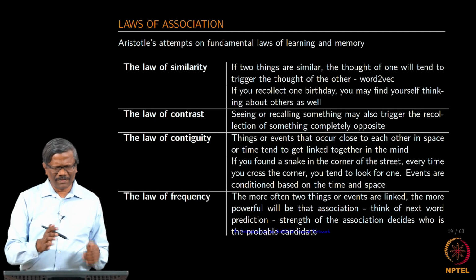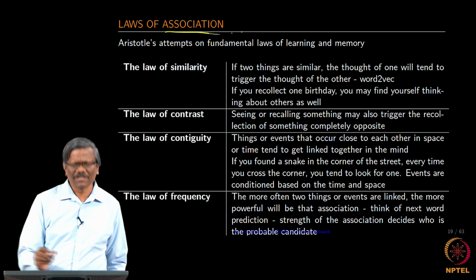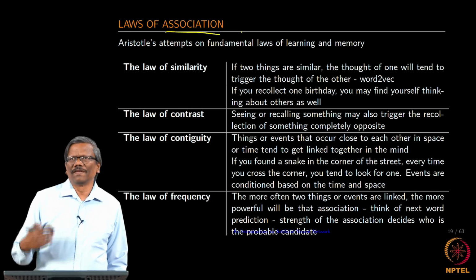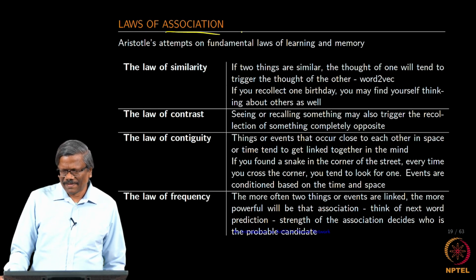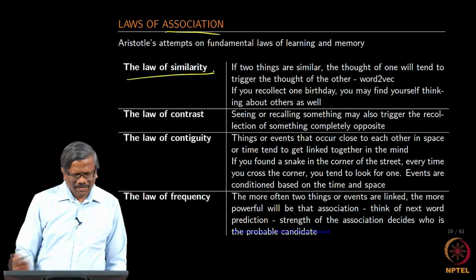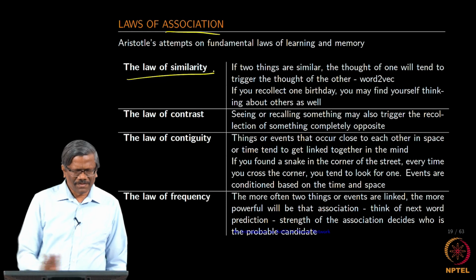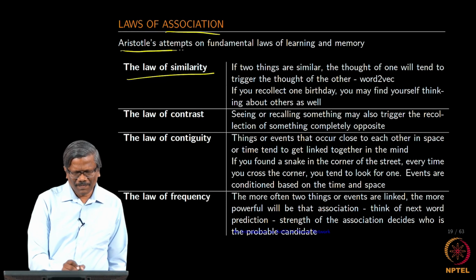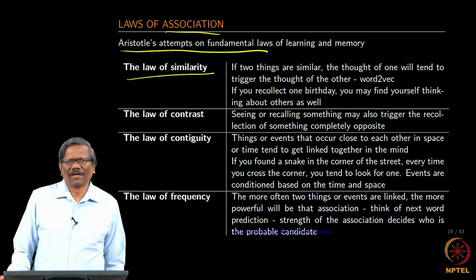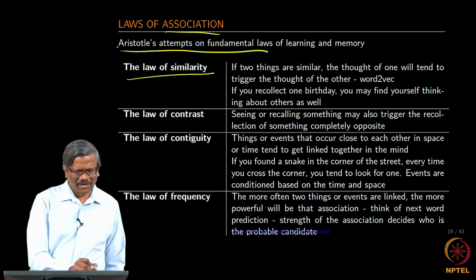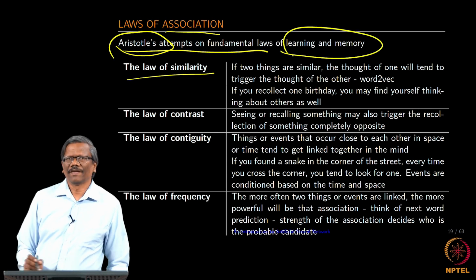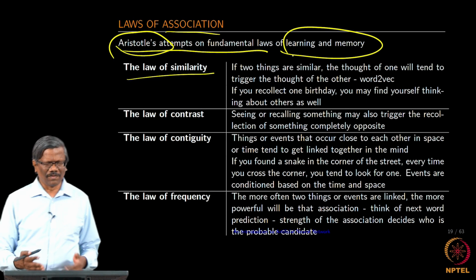Now, a little about some of the associative laws which are very useful in the design of neural networks. These are fundamental laws attempted by Aristotle. It is very old. In terms of learning and memory, there are four fundamental laws.